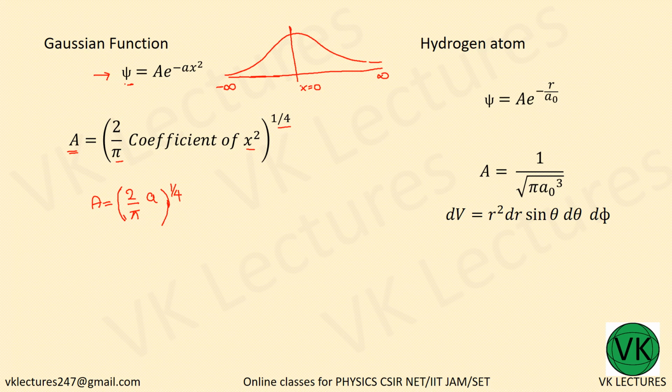And here we have the hydrogen atom. The general wave function is A e to the power minus r by a naught, where r is the variable radius and a naught is the Bohr radius.